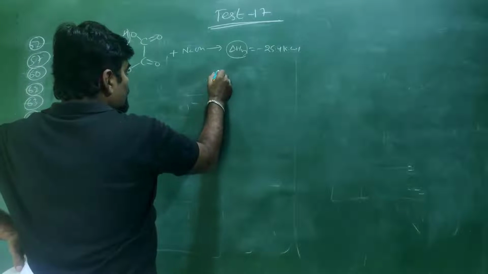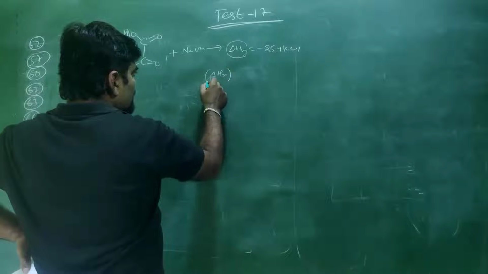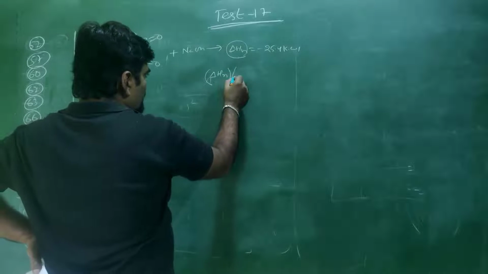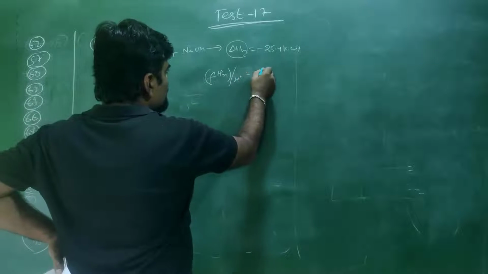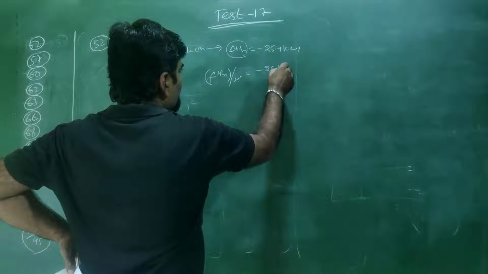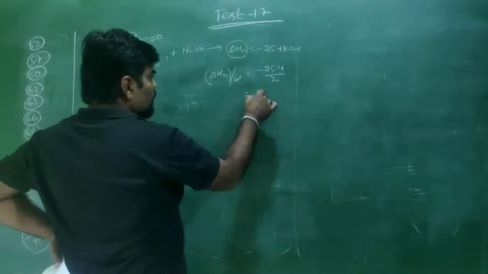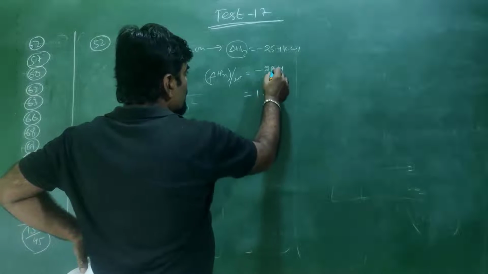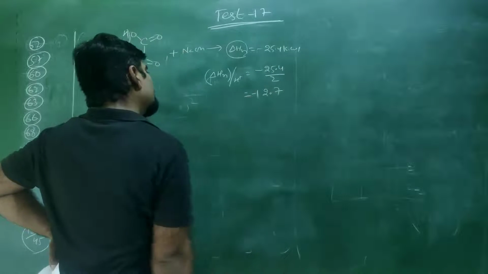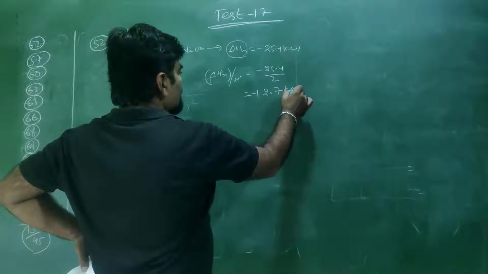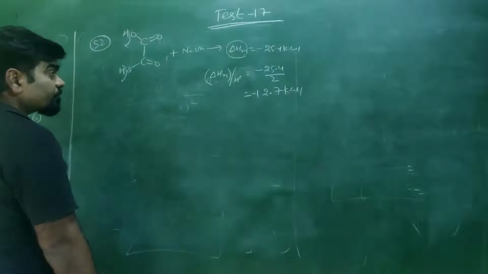So delta H neutralization per equivalent, or per proton, is equal to how much? Minus 25.4 divided by 2 is approximately minus 12.7 kilocalorie per equivalent.